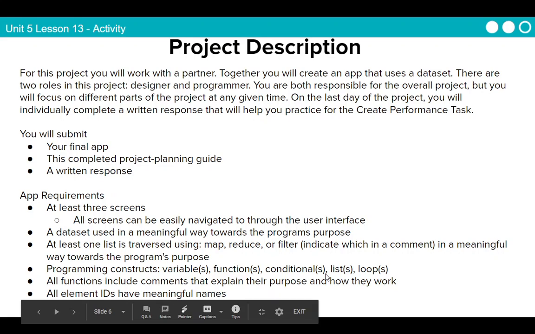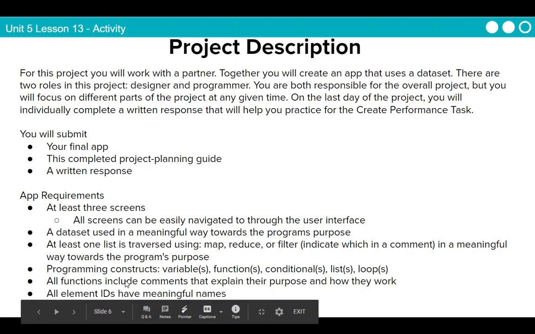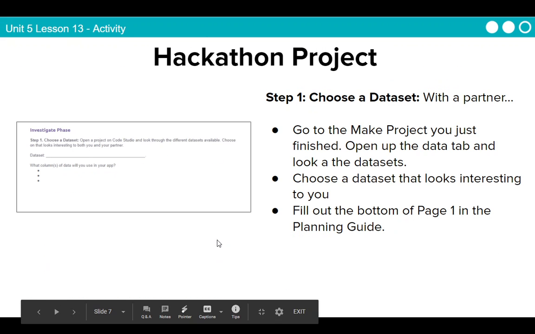All the things that we learned so far, you've got to find a way to integrate all of that into it. And then you need to explain what it all does and have good names. There's another requirement which we go over on the sheet.